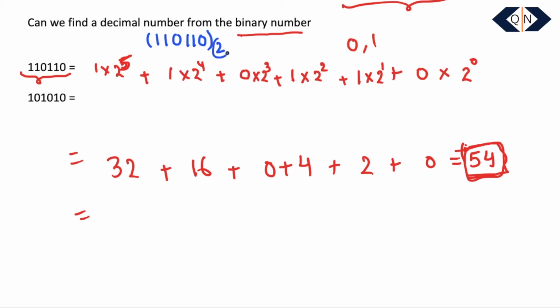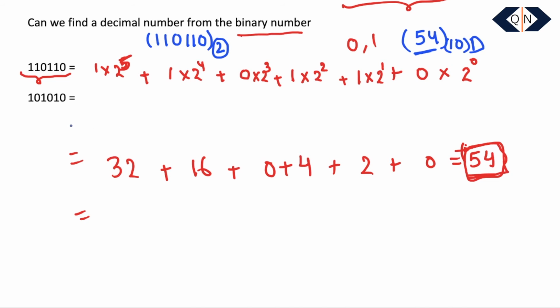This 2 represents the binary number. Suppose in some places it is written 54. If nothing is written, then we can assume that it is decimal. But sometimes for convenience, people write 10, or sometimes they write D for decimal. Okay, so this is representing the decimal number.